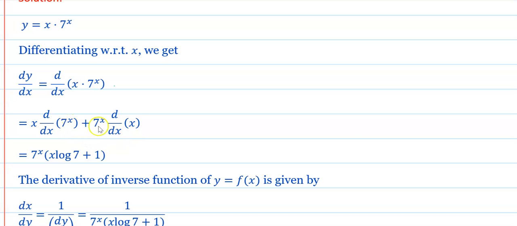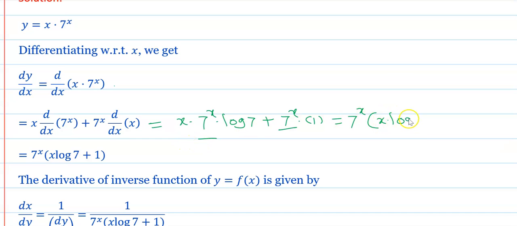Okay. x into derivative of 7 raised to x is 7 raised to x into log of 7 plus next 7 raised to x, derivative of x is 1. Okay. And from these two terms, I will take 7 raised to x as a common, and then in bracket you will get x into log of 7 plus 1.